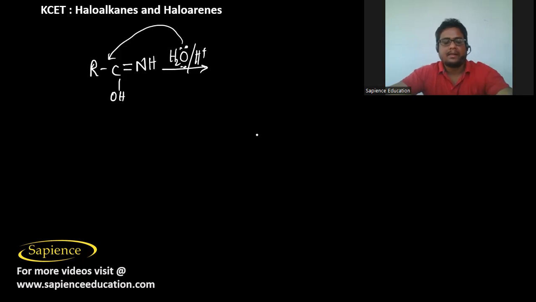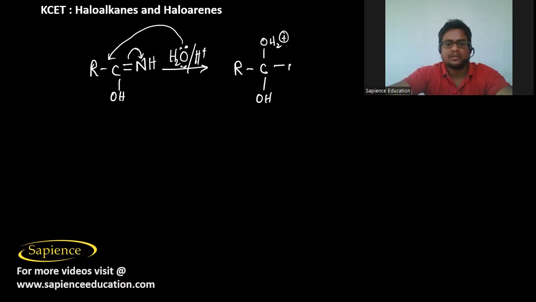Then this H2O will again attack here, and the pi electrons will come on the nitrogen atom, and then again it will form RCOH2 plus, OH, and NH minus.